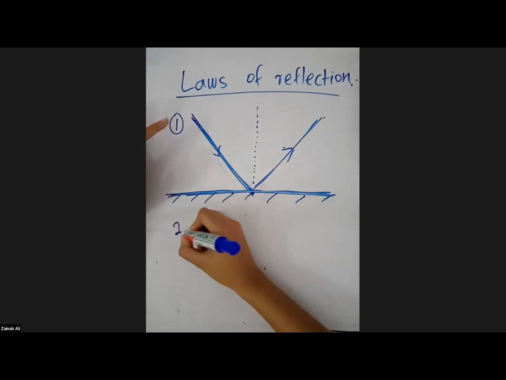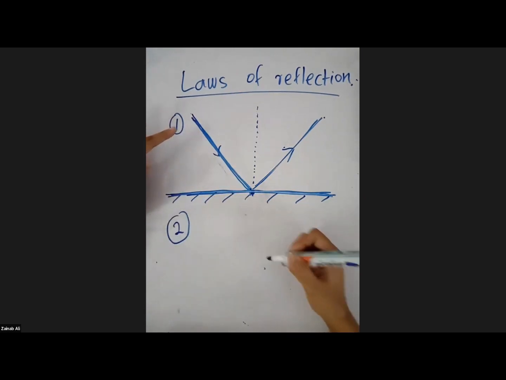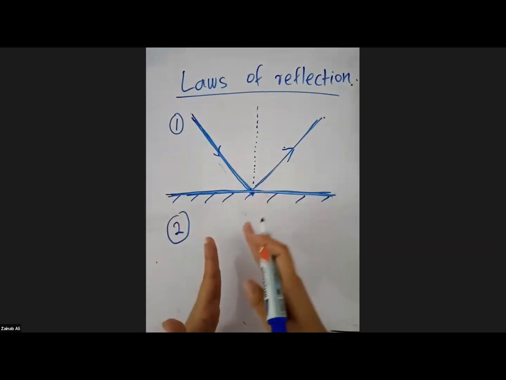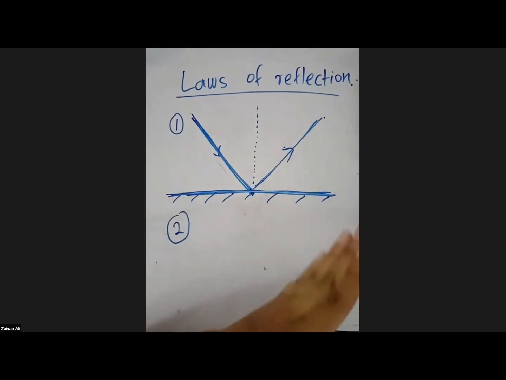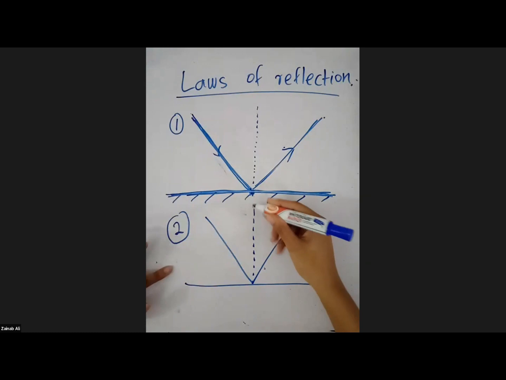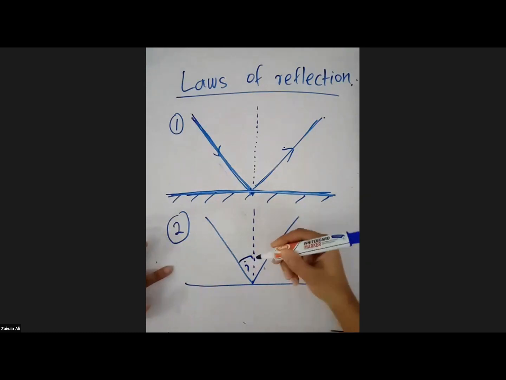Now let's study the second law of reflection. Now you know about the angle of incidence and the angle of reflection. When you have a reflection like this, you call this the angle of incidence, and this the angle of reflection.